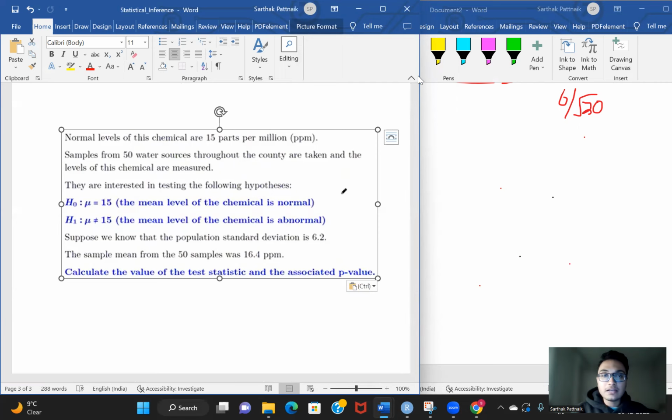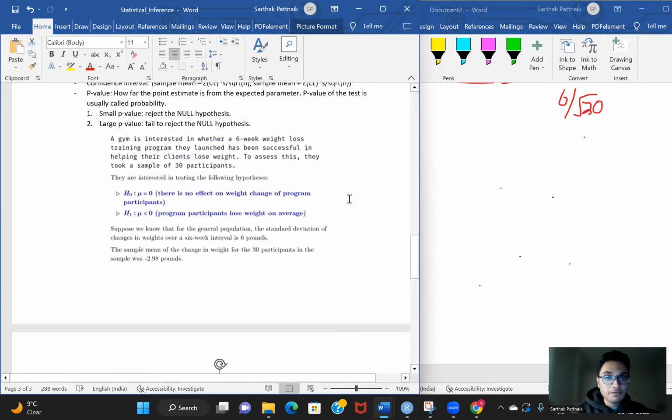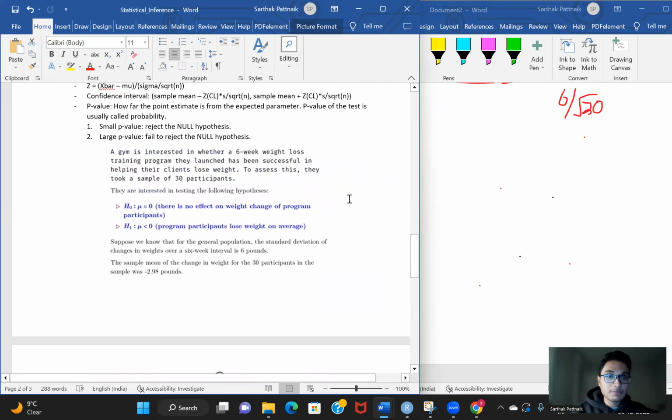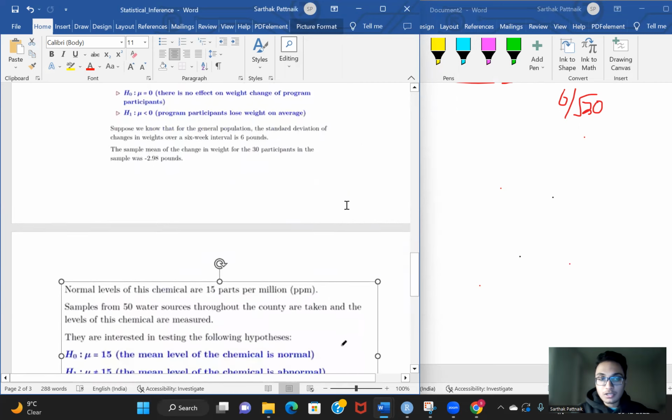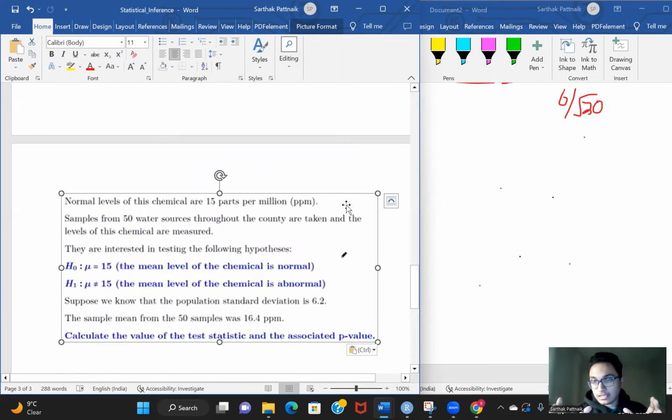So using CLT, the central limit theorem, the sampling distribution of means comes out to be a normal distribution, which is why we can go ahead and apply the z-test.